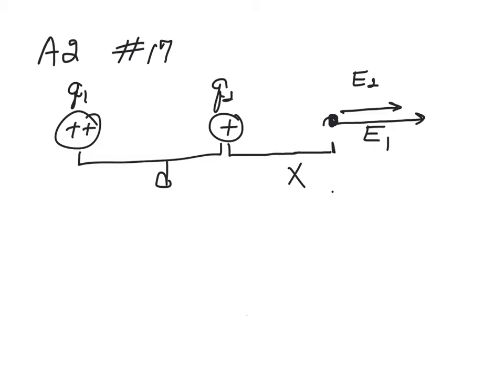So similar to the last one, we can just do it the same way, only the distance from the point to Q2 is now x, and the distance from Q1 to the point is x plus d. So see if you can write that equation out and do the algebra, much like we did in the last one.